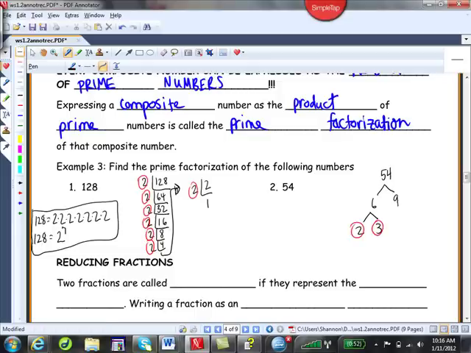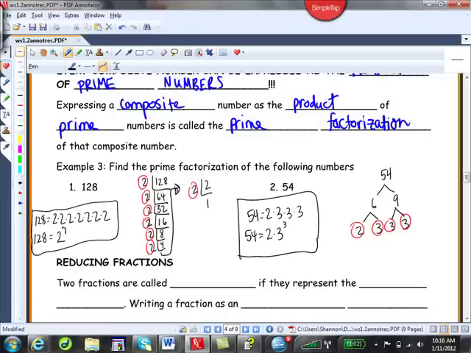Now 9 is 3 times 3, so now we'll have our complete factorization because we have all prime numbers. So 54 is equal to 2 times 3 times 3 times 3, or how else could we do it? 2 times, how many times is 3 multiplied to itself? You got it, 3 times. So either one of these would be correct for the prime factorization of 54.